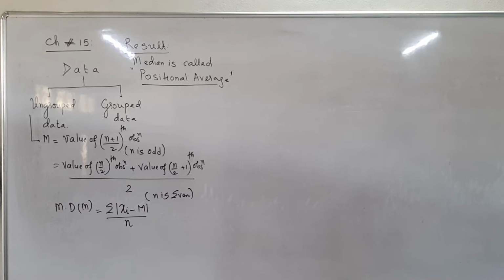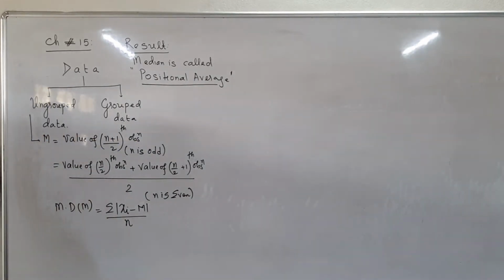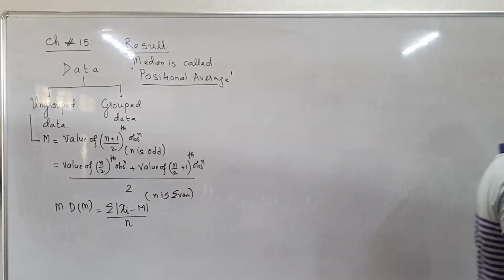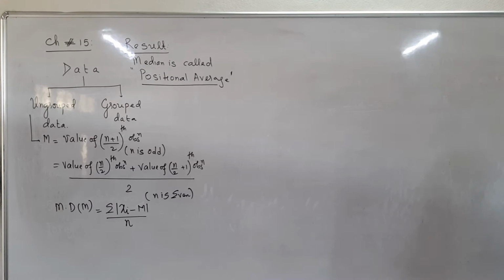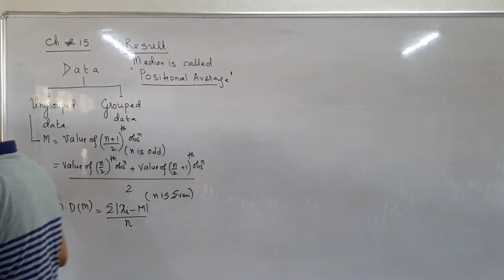positional average. And whenever we have to find median, students, remember this: observations must be arranged in ascending order. Remember this from your 9th standard as well as 10th standard.